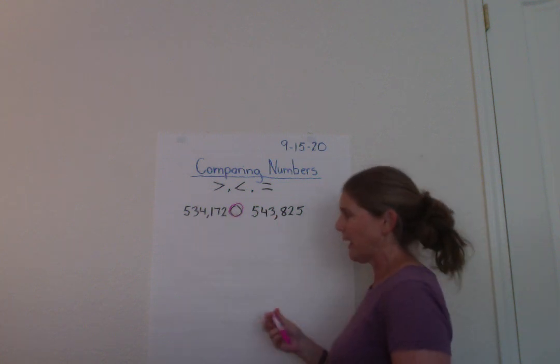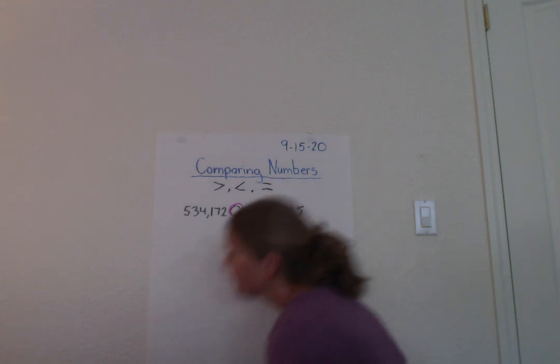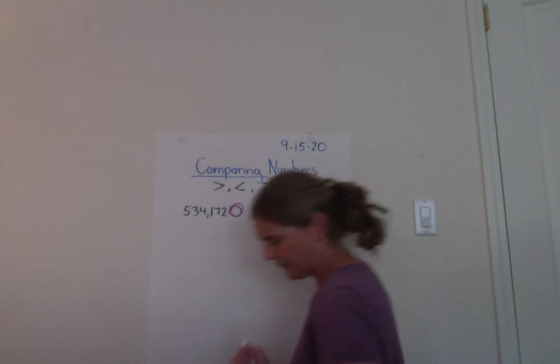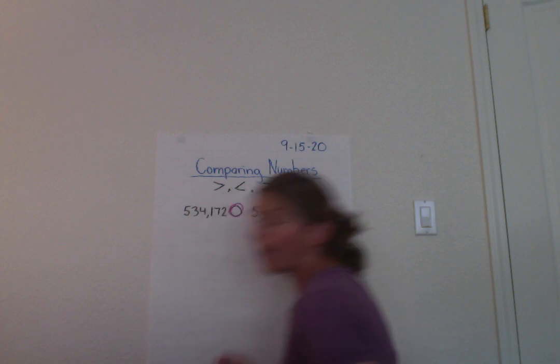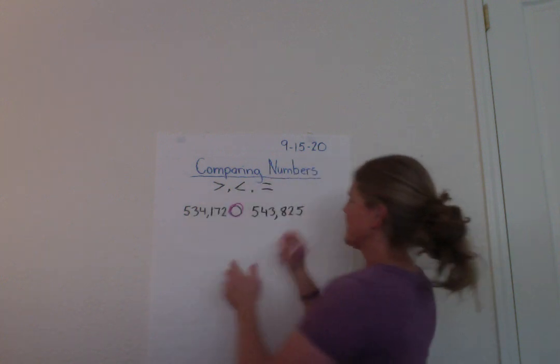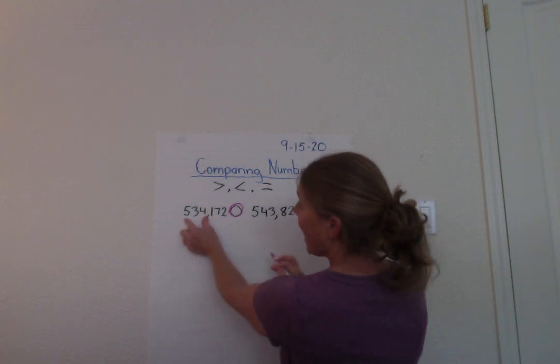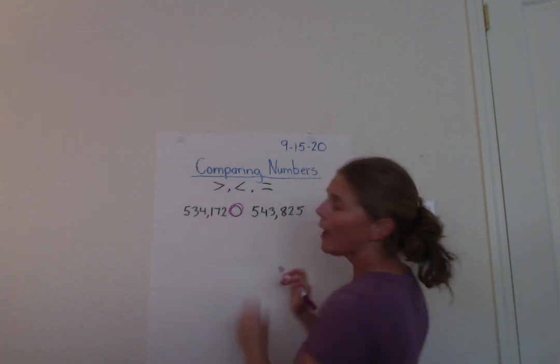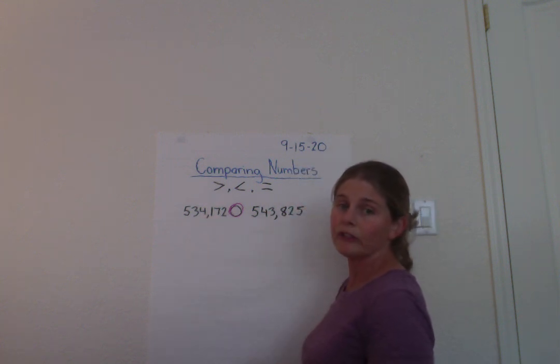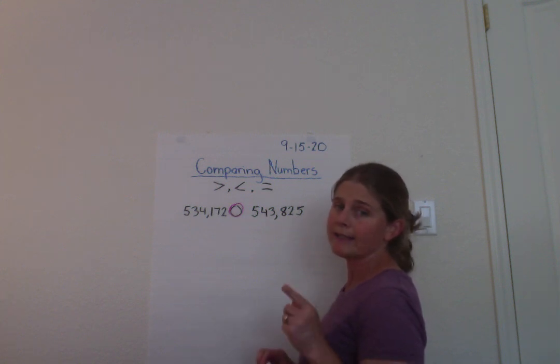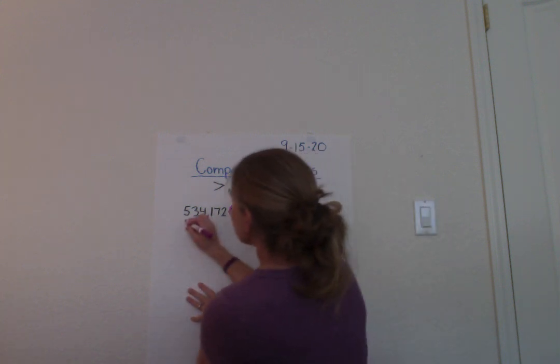So let's try that. I'm going to use a darker color because I want you guys to be able to see this. I'm going to move the number on the right underneath this one, and I'm going to be really thoughtful about lining my digits up in the correct and same places.